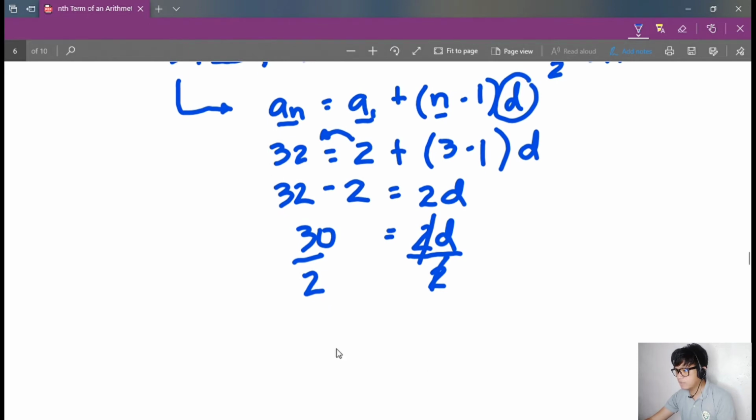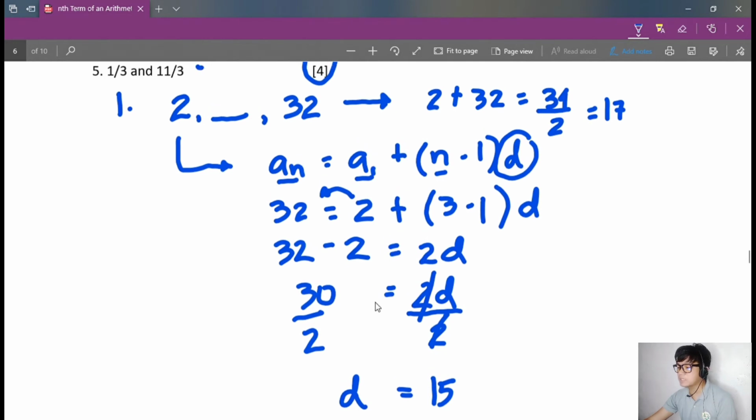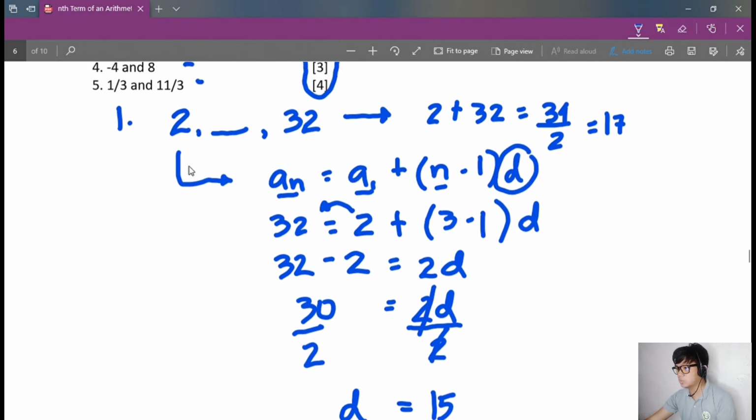So, 30 divided by 2 is 15. So, our d is equal to 15. Common difference natin is 15. So, anong gagawin natin sa 15 na yan? I-add natin siya sa 2 para makuha yung next term. So, 2 plus 15 is 17. So, our missing term here or the arithmetic mean here is 17.